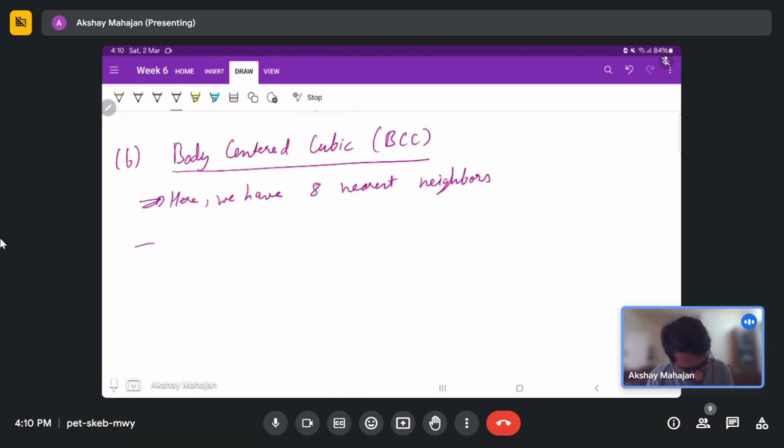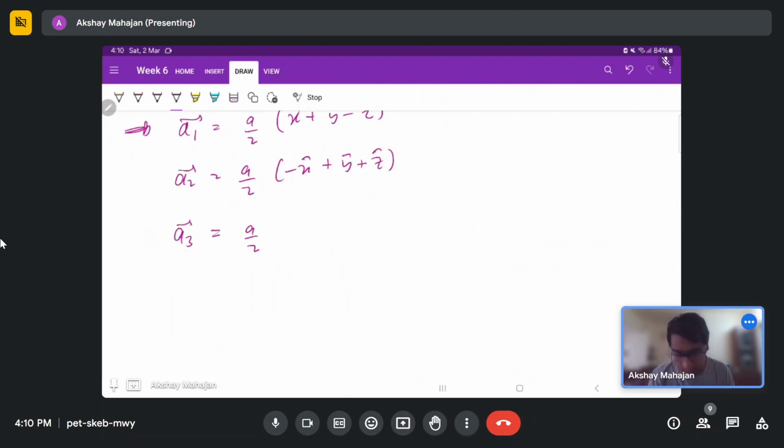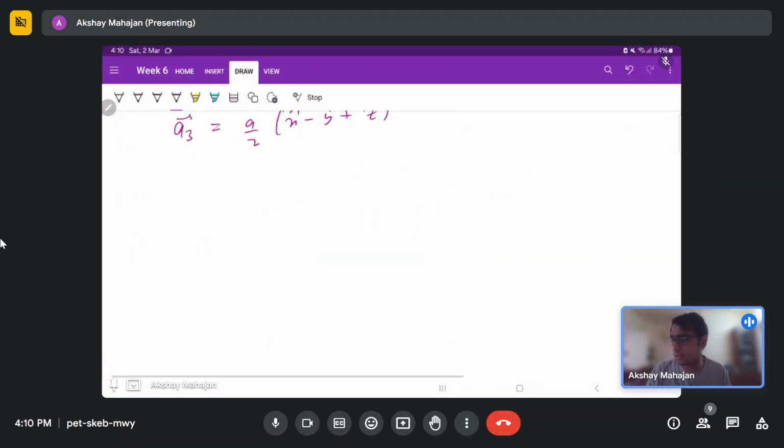The lattice parameters for this BCC are given by: a1 vector equals a by 2 times x cap plus y cap minus z cap. a2 vector will be equal to a by 2 times minus x cap plus y cap plus z cap, and a3 vector will be equal to a by 2 times x cap minus y cap plus z cap.